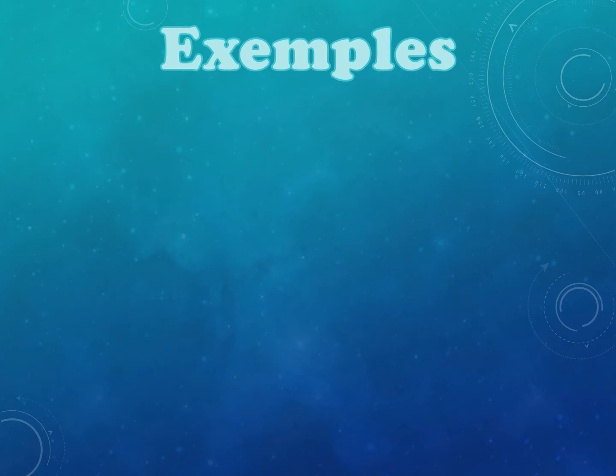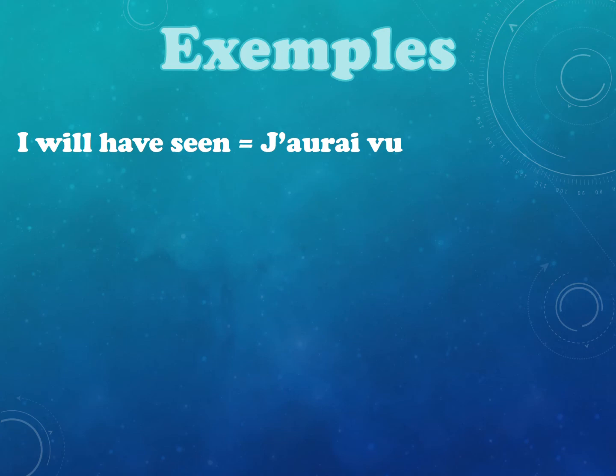So let's do some examples. I will have seen. J'aurai vu. Now, this actually translates pretty much word for word. Will have, avoir is to have, so I will have. Now, it doesn't really matter that avoir means to have.